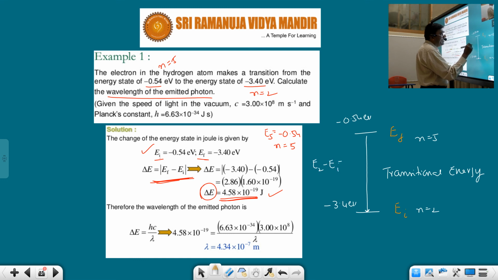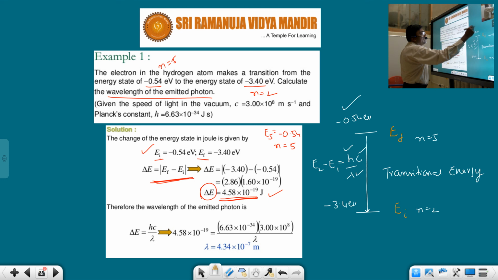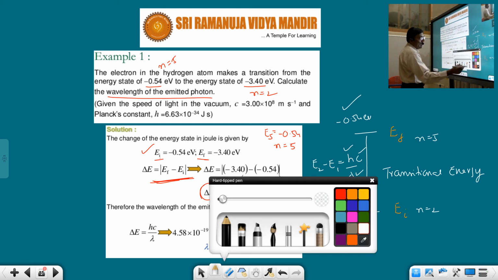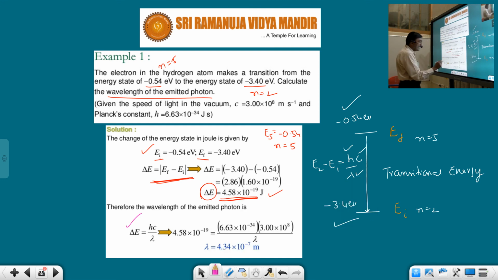This is called delta E, that is equal to hc by lambda. You have to find the lambda. h is given, c is given, and E2 and E1 are given, so it is calculated here. Delta E is equal to hc by lambda, and the lambda value comes out to be 4.34 into 10 power minus 7 meters. You can see how interesting the numericals are when you know the concept.